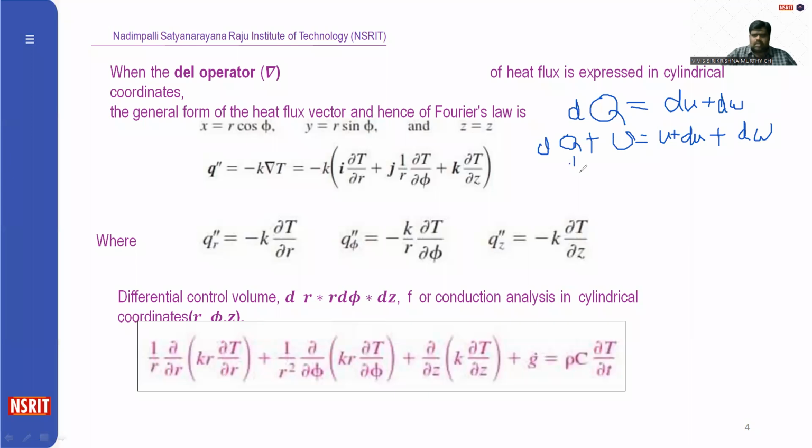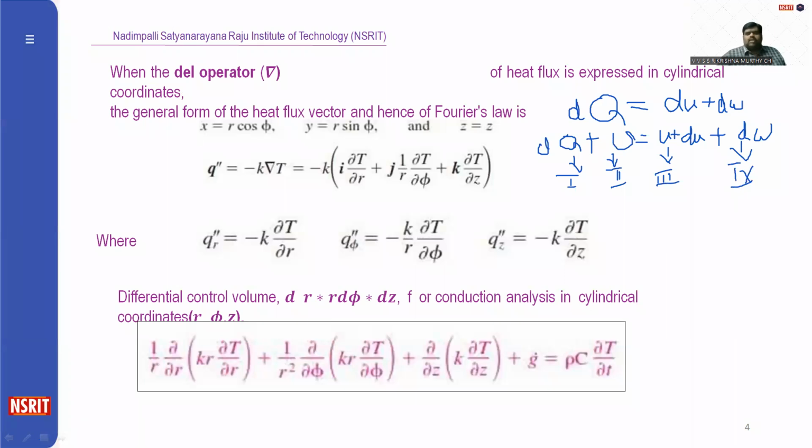So let the heat input be 1, the internal energy be 2, the increase in internal energy be 3, and the work done be 4. Like the earlier class only I am doing, don't worry.